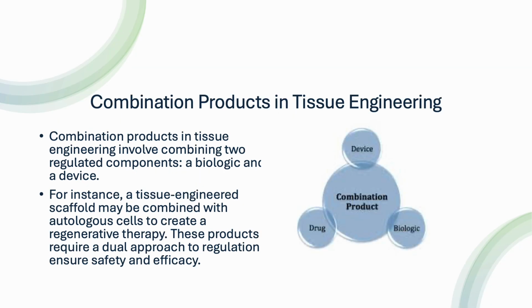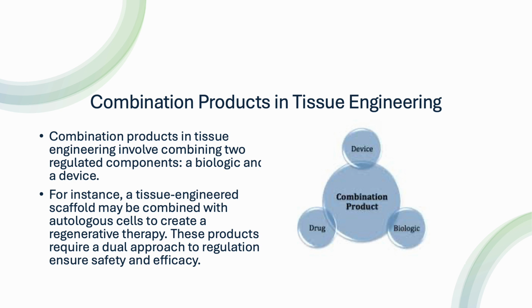Now, let's talk also about the combination products in tissue engineering. So, combination products in tissue engineering involve combining two regulated components, so a biologic and a device. This is why when you're looking into the registration, of course, of these combination products, we also have to keep in mind that the product can be a biologic, it can also be a medical device, and of course it can be a combination.